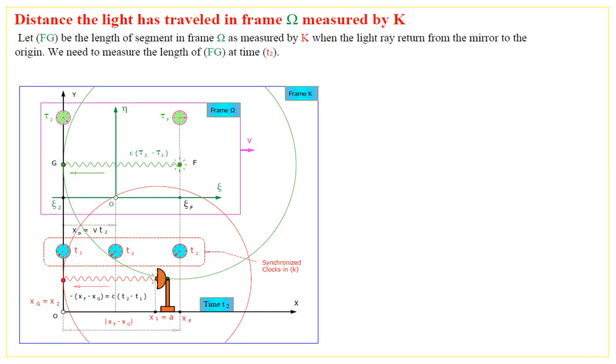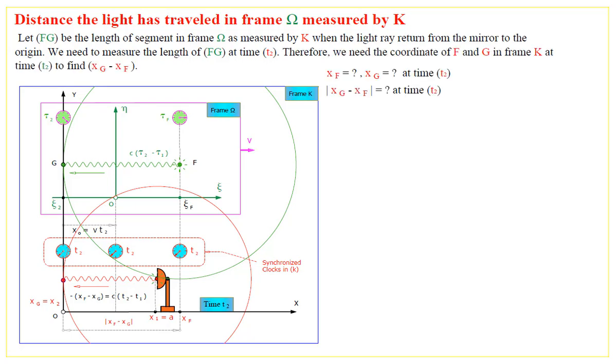Let Fg be the length of the segment in frame omega as measured by k when the light ray returns from the mirror to the origin. We need to measure the length of Fg at time t2. Therefore, we need the coordinates of f and g in frame k at time t2 to find xg minus xf.